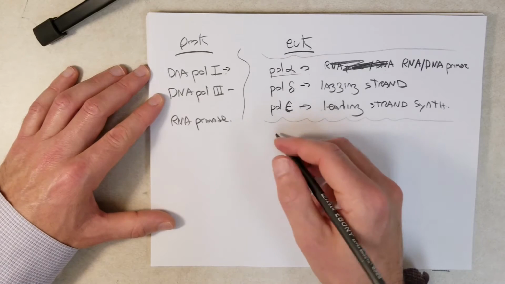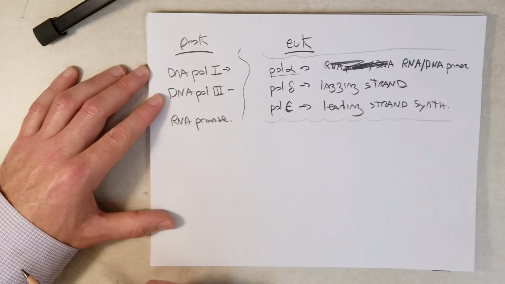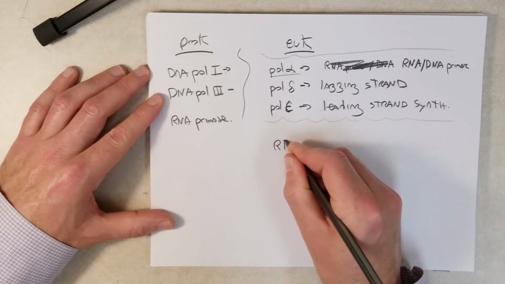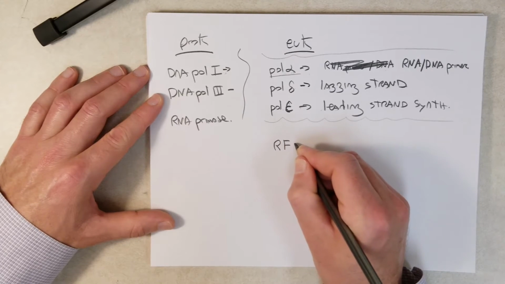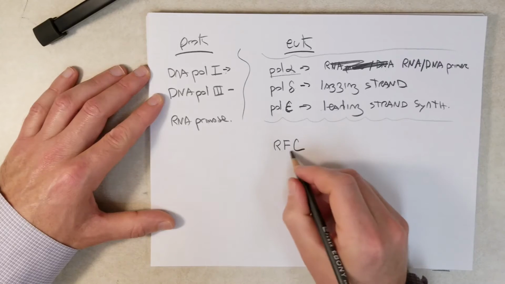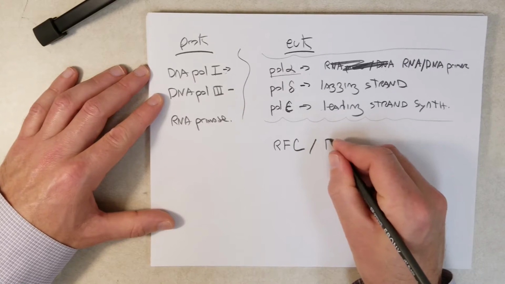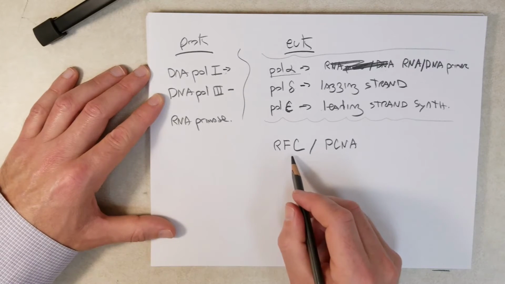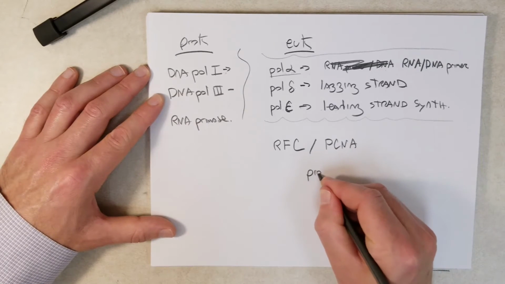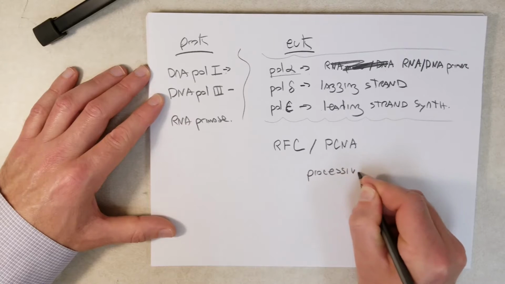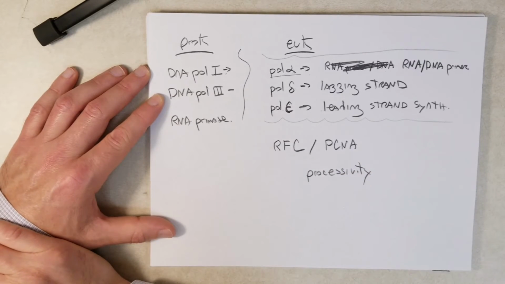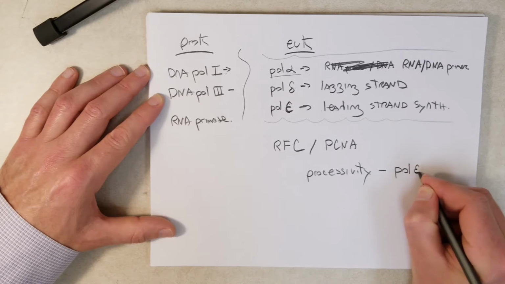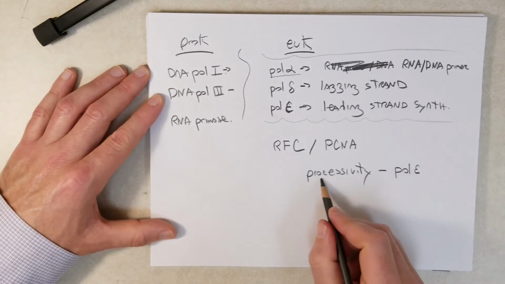Now, another thing I wanted to touch on with respect to DNA replication in eukaryotes was replication factor C, RFC, this complex right here, and PCNA, which is another complex. These are thought to increase the processivity of the DNA polymerases, in particular polymerase epsilon. Okay, what does this mean?